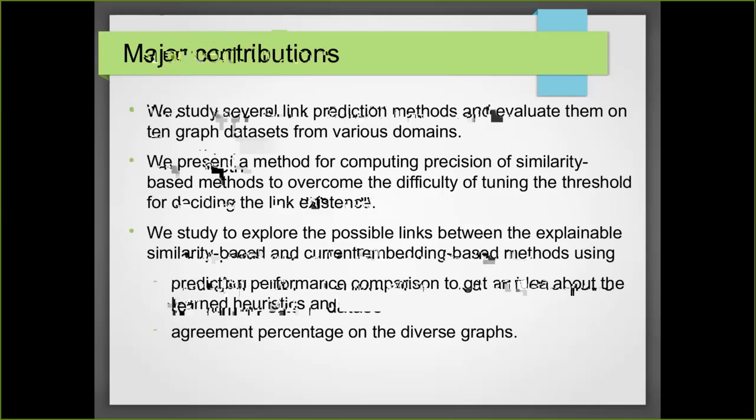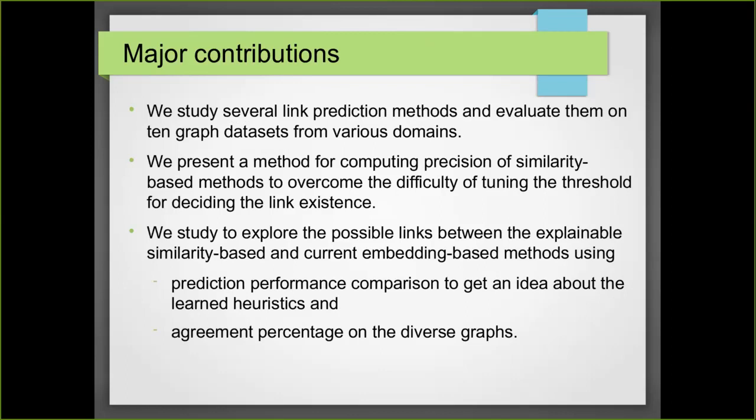And we explore the possible links between the old-fashioned similarity-based methods and the new embedding-based methods by prediction performance comparison, and also link existence agreement. So it is an empirical study to support these possible links.